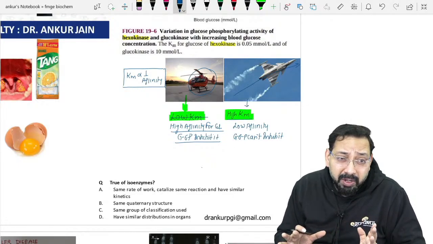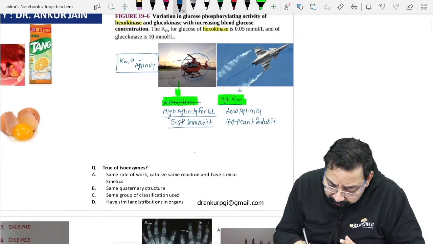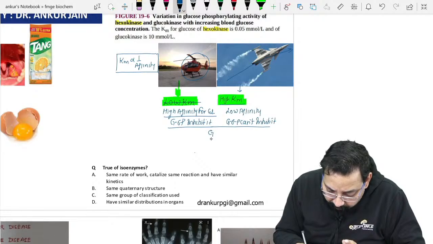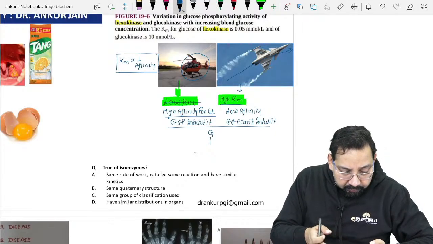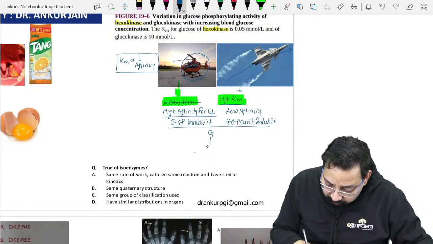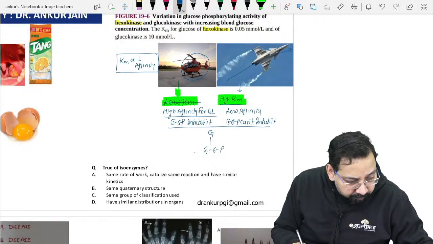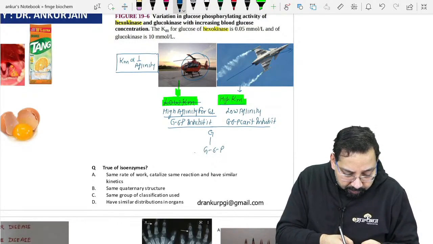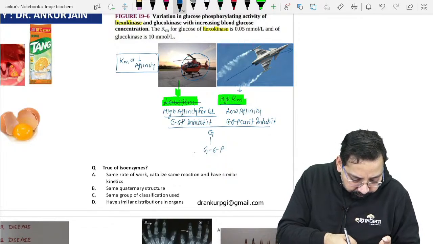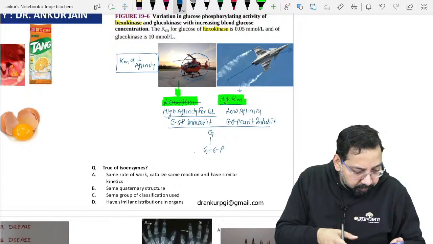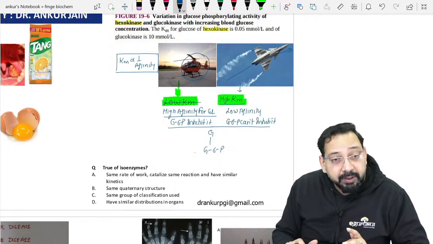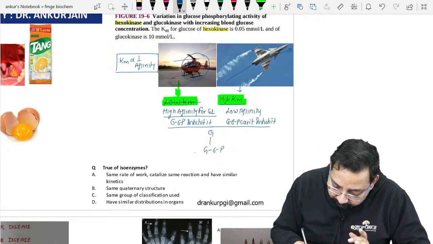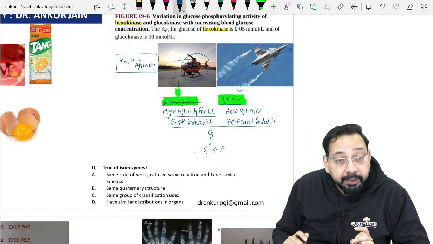Anything may be different, but both of these catalyze the same reaction. Both convert glucose to glucose 6 phosphate.